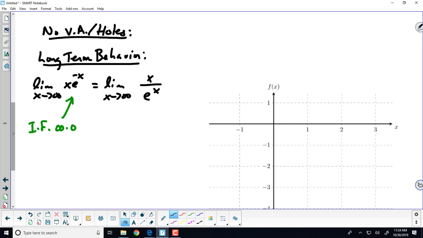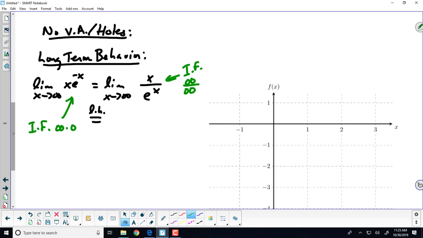Thumbs up, thumbs down. How are we doing on that? Anyone have any questions? All right. So now we can go ahead and apply L'Hopital's rule. Why? Because this now has indeterminate form, which one? Infinity over infinity. Folks, I made a big deal, notice I didn't write equals infinity over infinity.